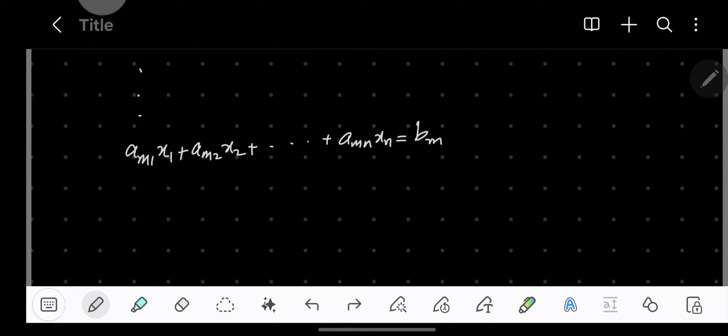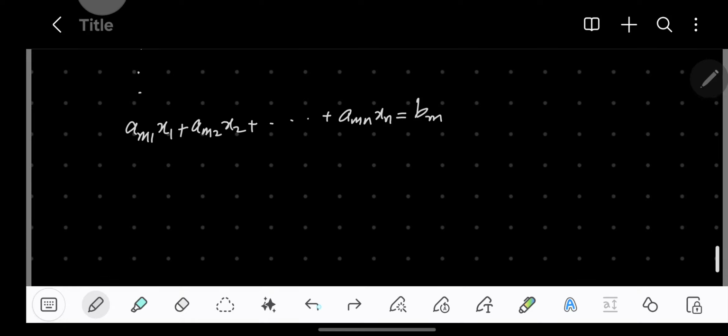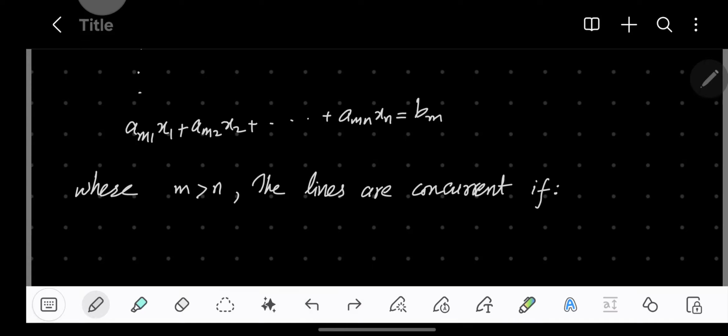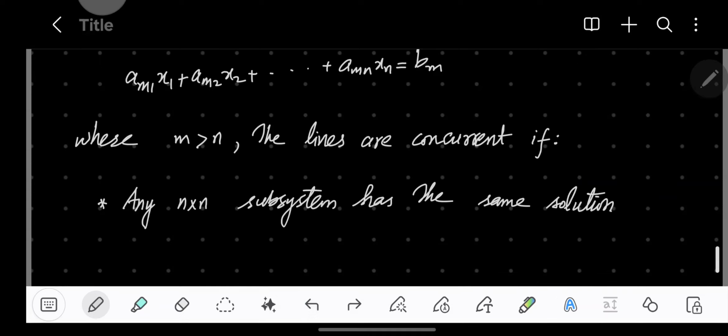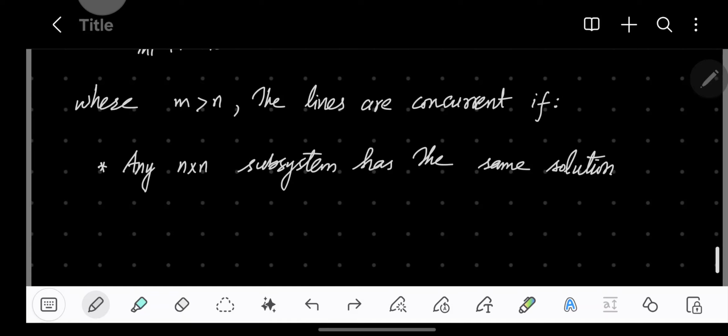But note that in this system, our m is always bigger than n. So if m is bigger than n, that means there are more equations and fewer variables. Then these lines are concurrent if the following hold. The first one is that any n by n subsystem has the same solution.